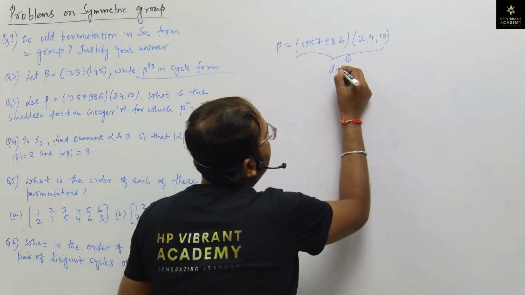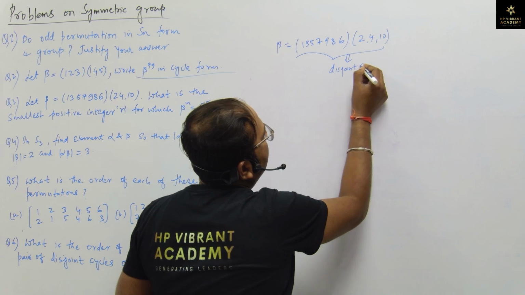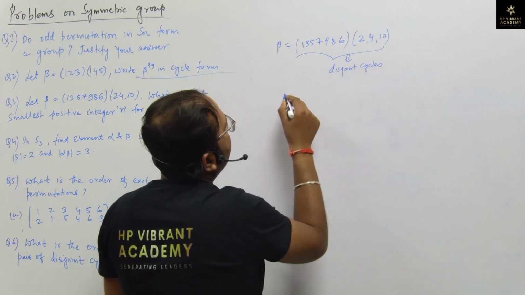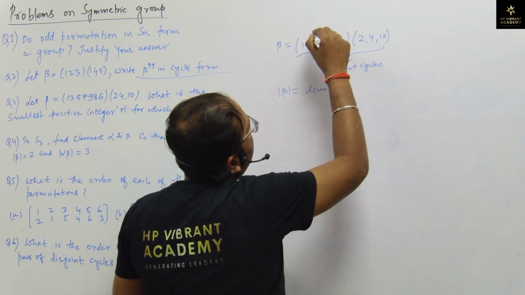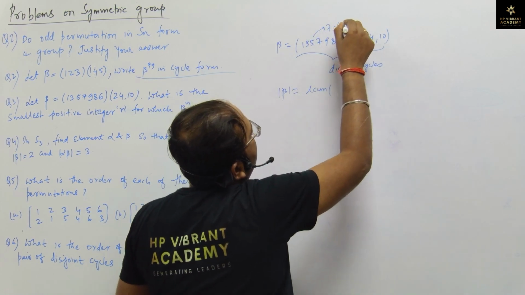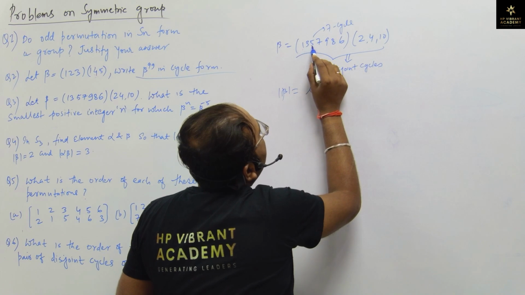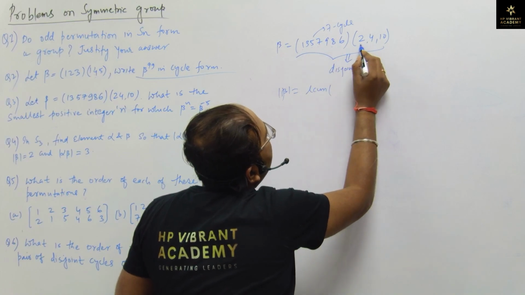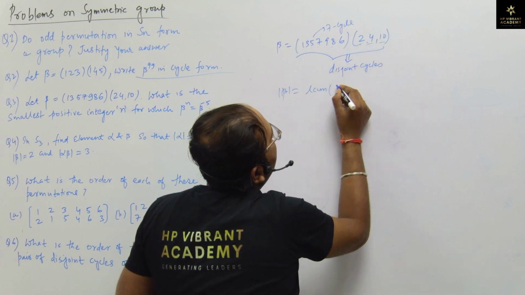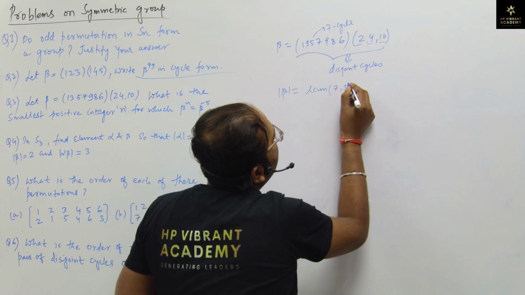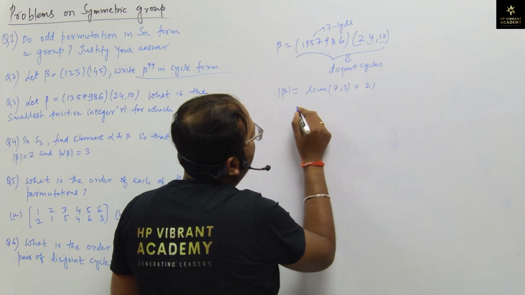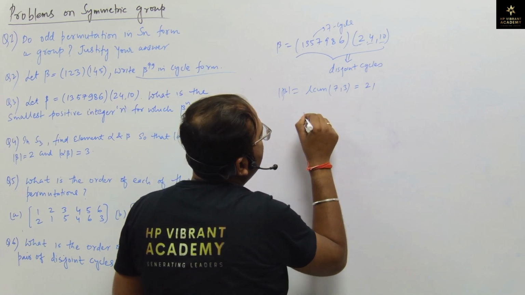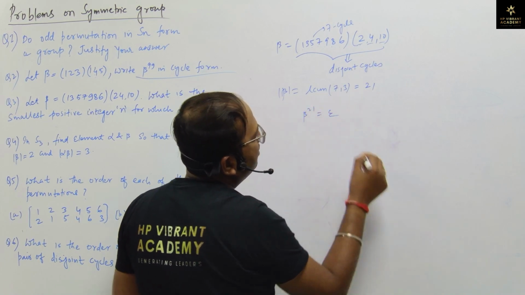So the order of beta will be equal to the LCM of the lengths of these cycles. This is a 7-cycle, 7 elements are there, and here 3 elements are there, 2 4 and 10. So LCM of 7 and 3 is equal to 21. This means the order of beta is 21, so beta to the power 21 is equal to identity.